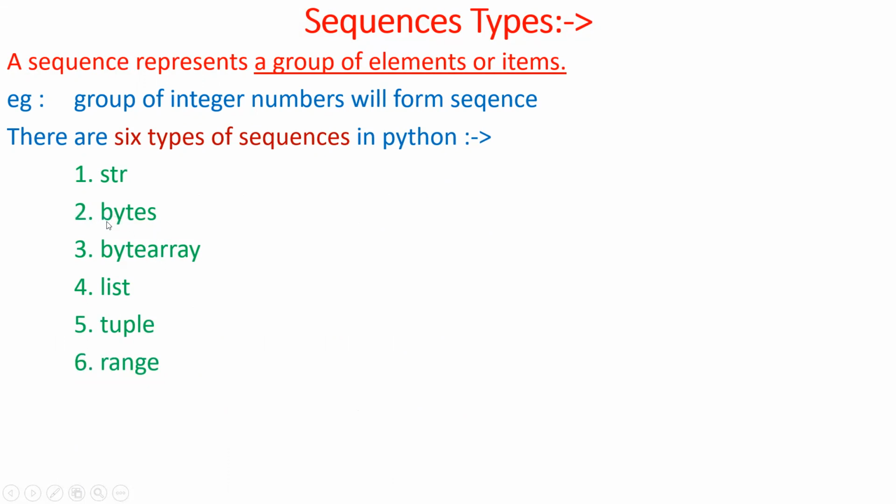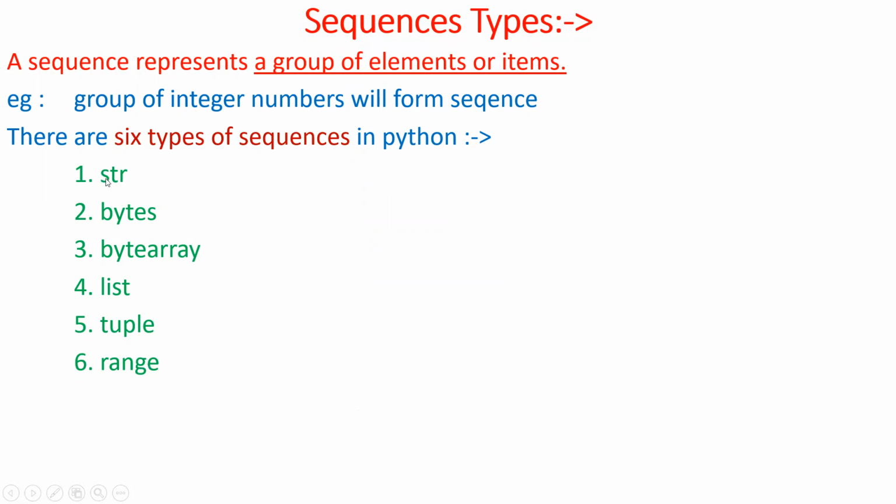Bytes and byte array are 90% the same, with only a small difference, so no need to get confused. List and tuple are also similar, with only a small difference. Range is a totally different thing, heavily used in loop statements, which I will discuss later. So you have an overview of all 6.